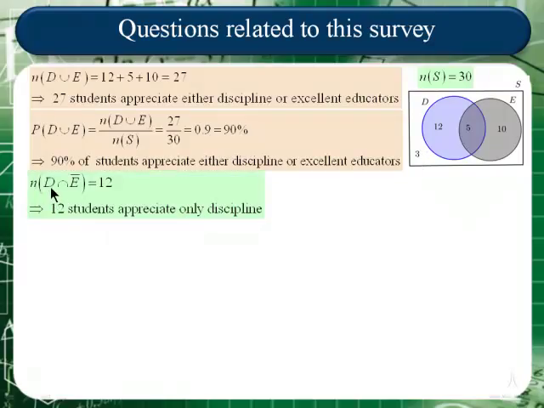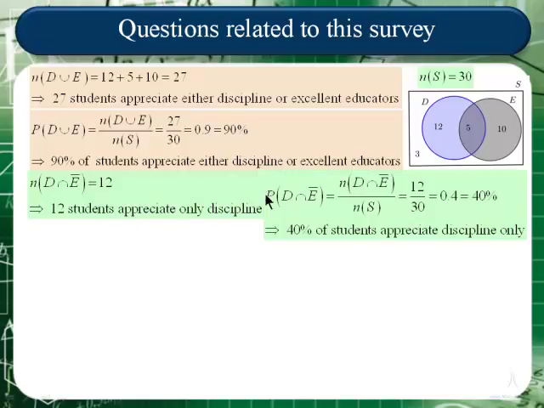If we look at the next question here, we look at the cardinal number of the event D intersection E complement. That means inside D but outside E. Inside D but outside E is that particular area that belongs to D only. In other words, the 12. And here we're talking about students appreciating only discipline.